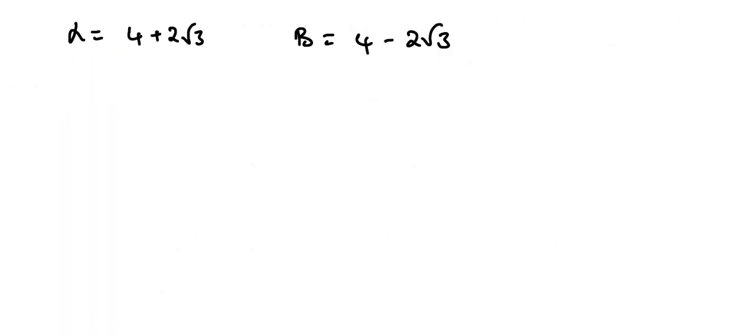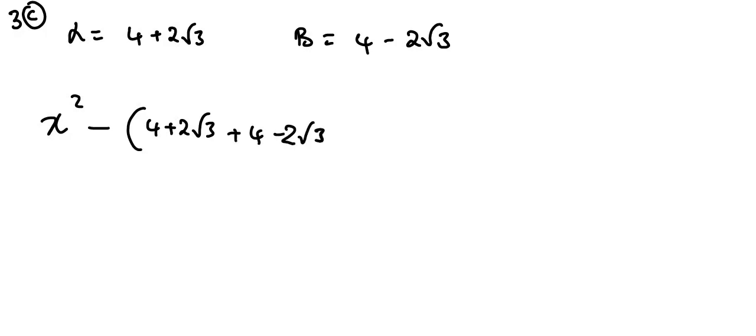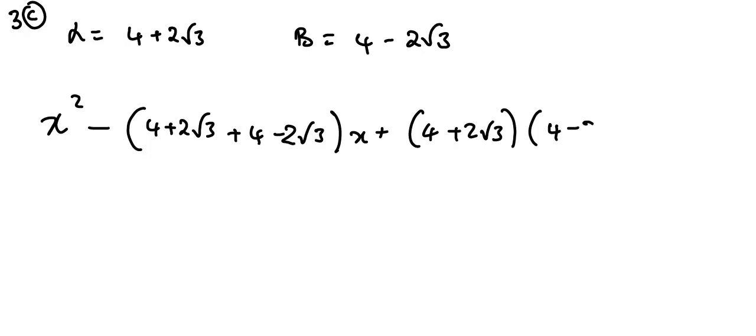So now, if we're interested in getting the quadratic equation which had these roots, we'll still use the same formula. We're saying x squared minus the sum, so we add them, 4 plus 2 root 3 plus 4 minus 2 root 3 x. Then plus, we multiply them this side, 4 plus 2 root 3, and then you have 4 minus 2 root 3.